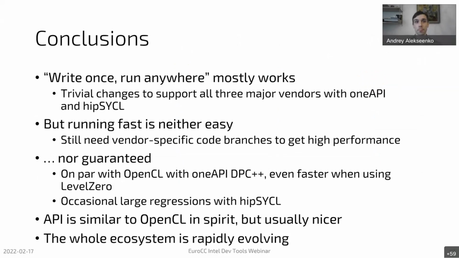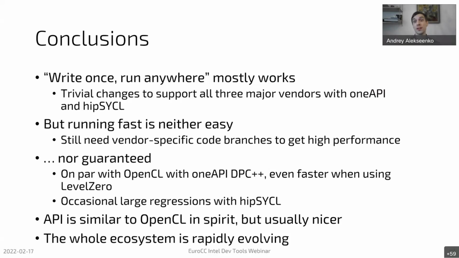So in conclusion, the promise of SYCL as a portability framework where you can run a single code everywhere, it works. It's not perfect, and you still need to do some tuning, but only trivial changes are needed to get support for all three major GPU vendors with the same code.